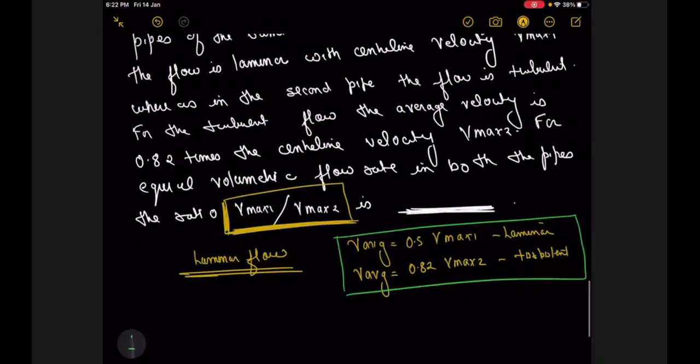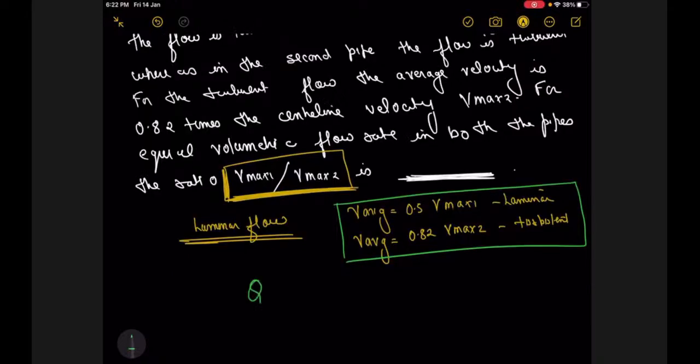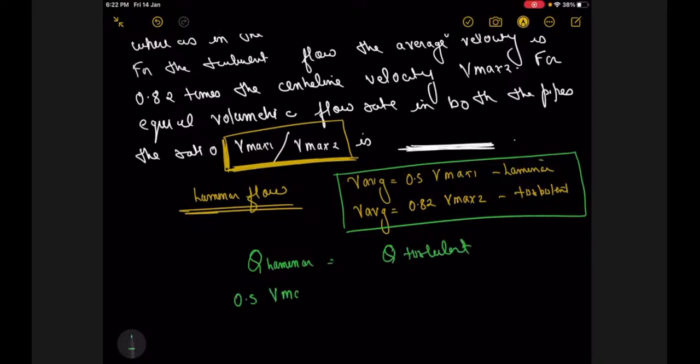Like this. So here they are saying that volumetric flow rate is the same. So Q laminar equals Q turbulent. So 0.5 V max 1 equals 0.82 V max 2.